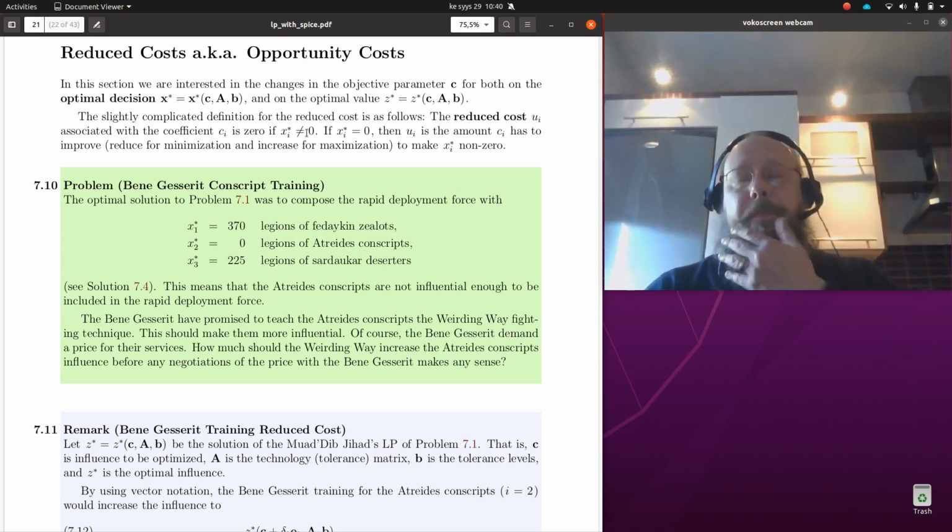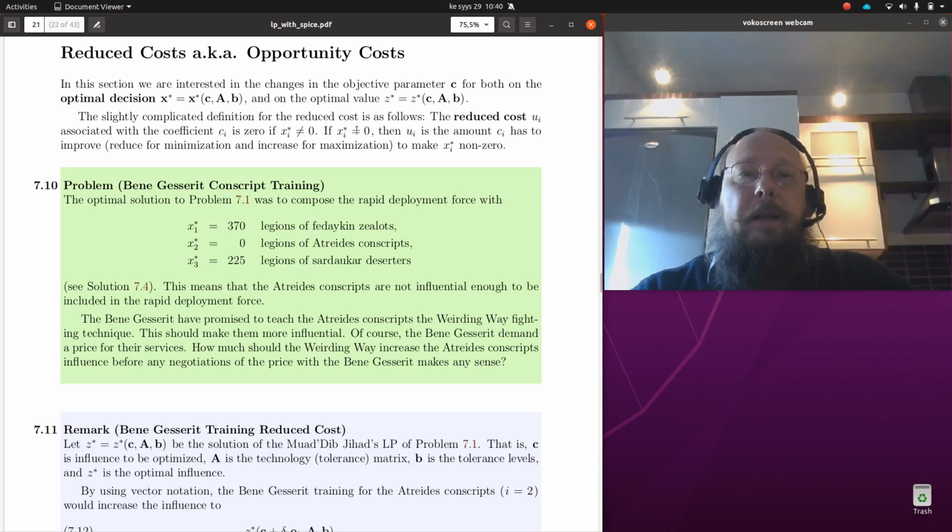So the reduced costs are only interesting when x_i star equals zero, and then comes the interpretation. u_i is the amount c_i has to improve to make x_i star non-zero.